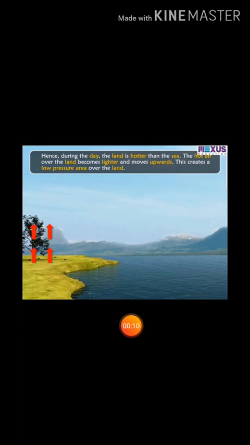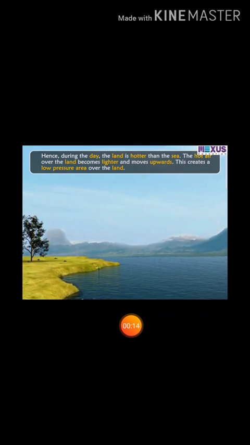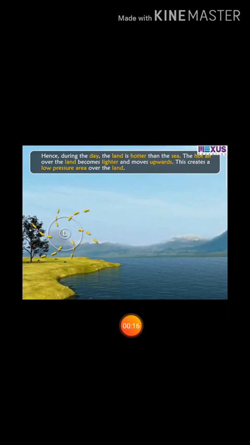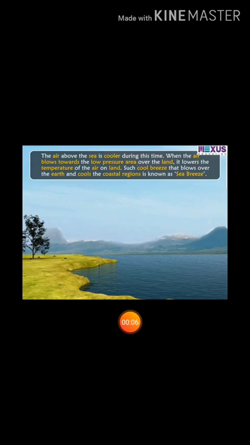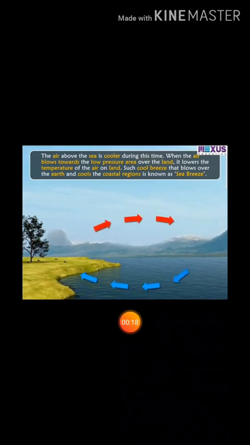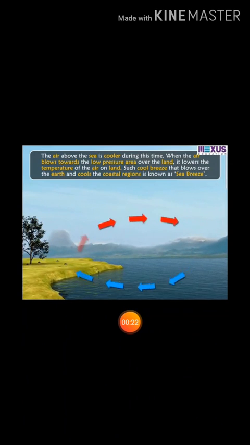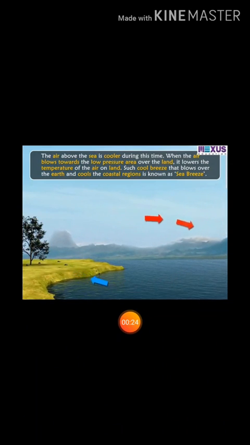The hot air over the land becomes lighter and moves upward. This creates a lower pressure over the land. The air above the sea is cooler during this time. When the air blows towards the lower pressure over the land, it lowers the temperature on land. Such a cool breeze that blows over the land is known as sea breeze.